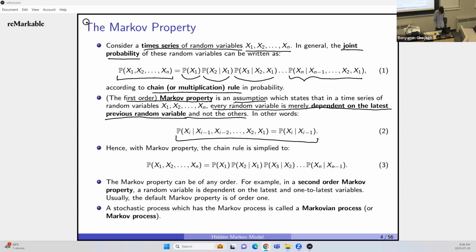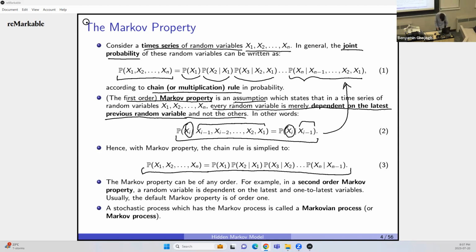P of xi given all of the previous ones can be simplified to P of xi given only the previous one. Now use this Markov property, equation 2, in equation 1. It gives you equation 3. The chain rule is simplified. The joint probability of x1 to xn can be written as P of x1 times P of x2 given x1 times P of x3 given x2 until the end, P of xn given xn minus 1, right?